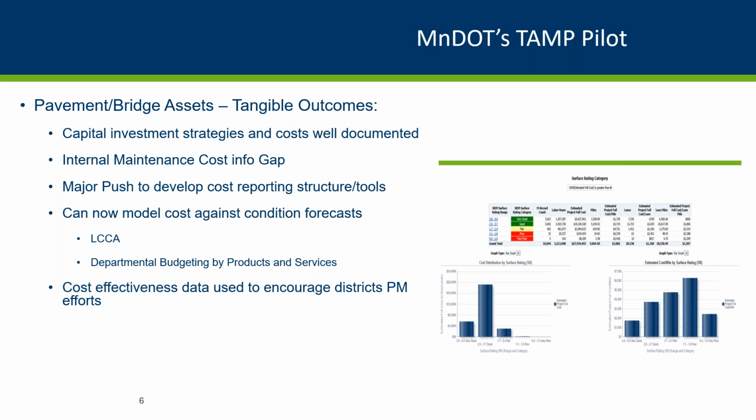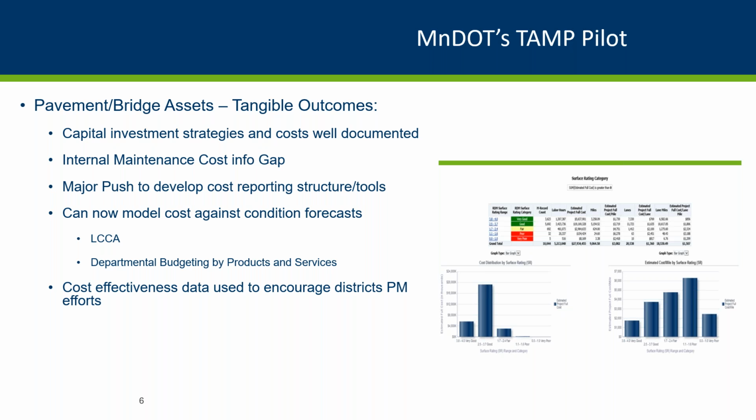So a couple of tangible outcomes relative to these various asset classes. With regard to both our pavement and bridge, we have pretty mature asset management systems, good understanding of our capital expenses and benefits, but poor understanding, as we stood at the time of the development of this TAMP, of our maintenance costs.